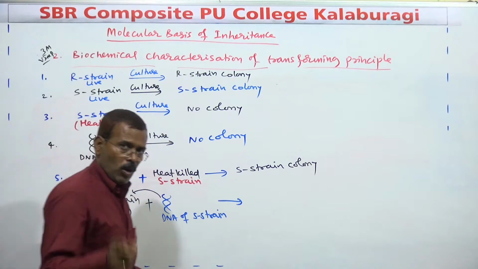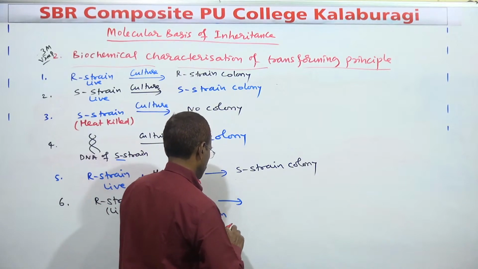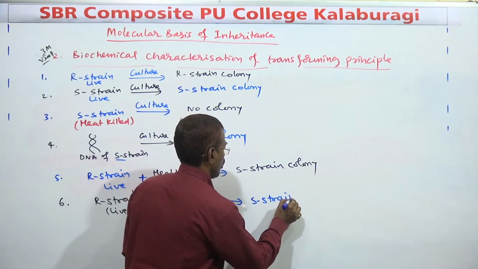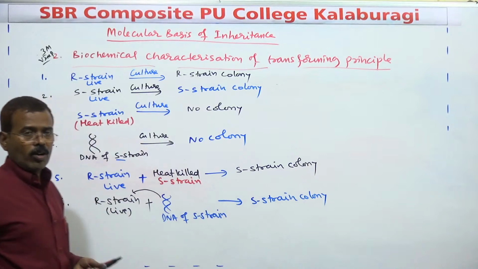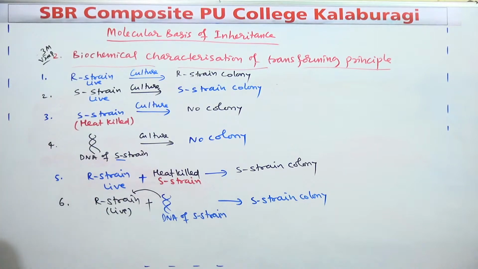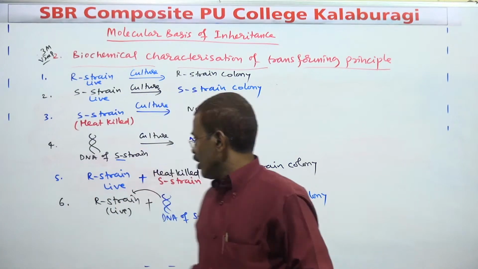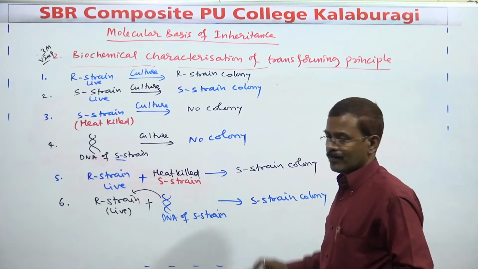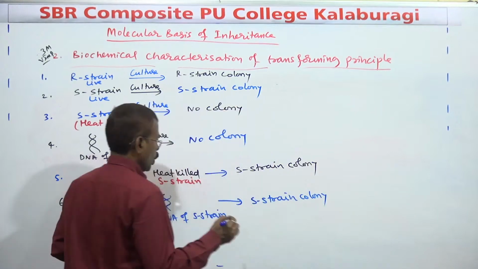So this time also they got a smooth strain colony. Now, what kind of material is entering the rough strain that is bringing about the transformation into the S strain? They wanted to know.